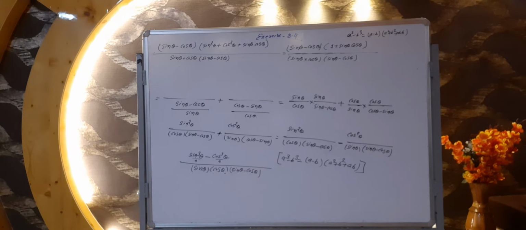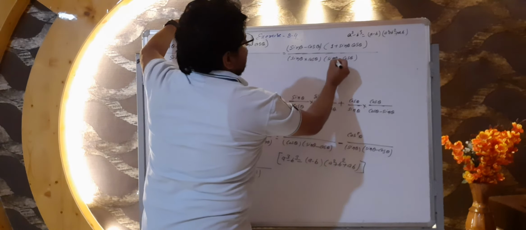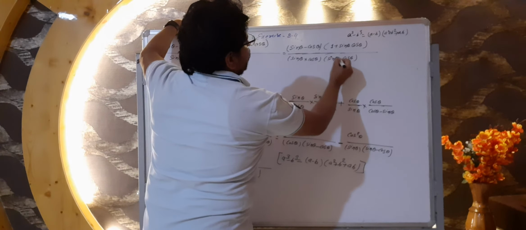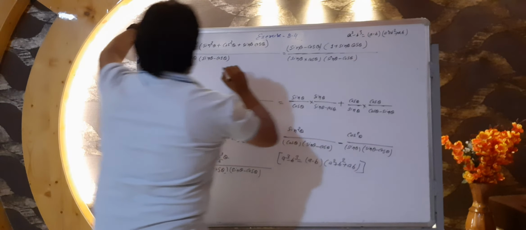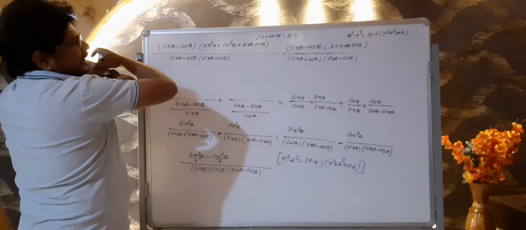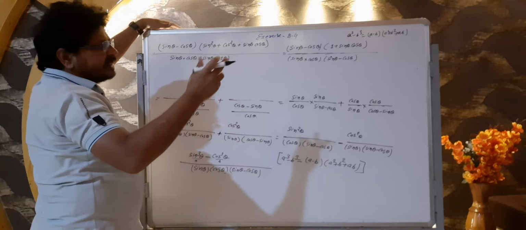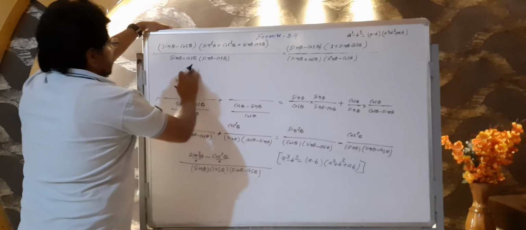So sec theta plus cosec theta we can easily prove. Let's see here, everyone. Guys, look, we have to change in the form of sin and cos. In that case, we will get our answer in the form of cosec and sec.